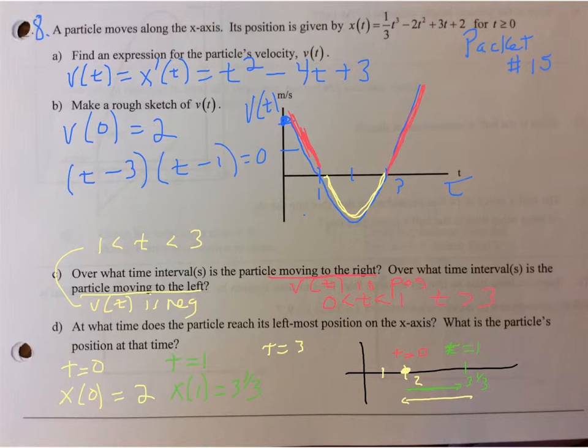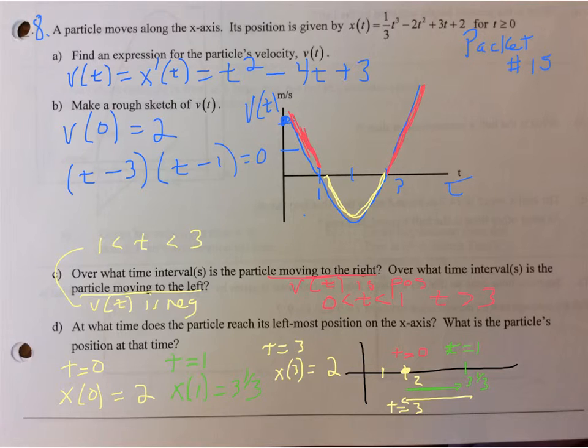If you do that computation, I believe you get 2. So at t equals 3, the particle has moved back to the same spot where it started.